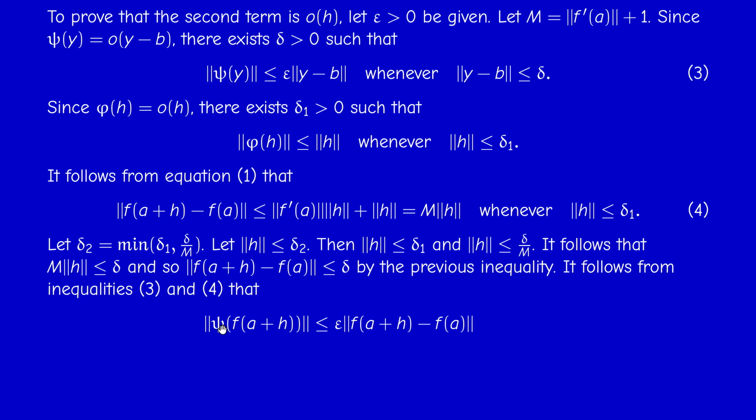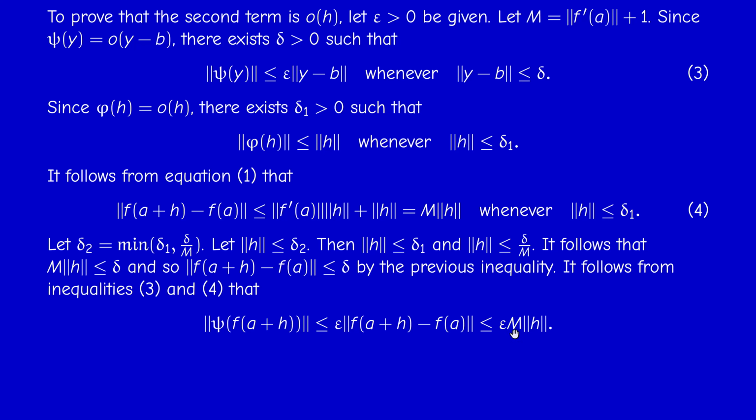And I get that the second remainder that I need to prove is a small o of h: it's less than epsilon times the norm of this increment. And now I apply equation 4 again. So this increment itself is less than m times the norm of h. So I get epsilon m times the norm of h. And that's it. Since epsilon was arbitrary, this precisely means that psi of f of a plus h, which was the second remainder, is a small o of h.